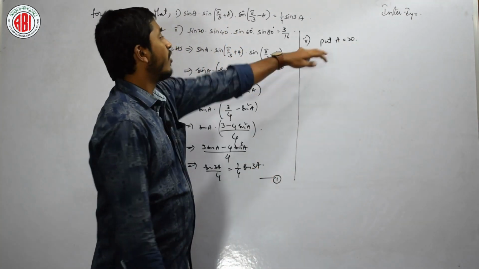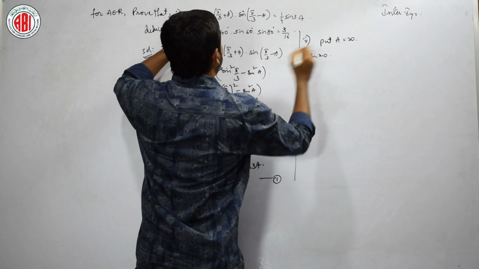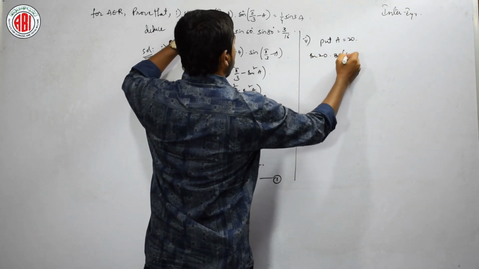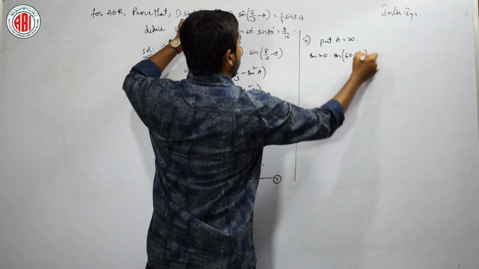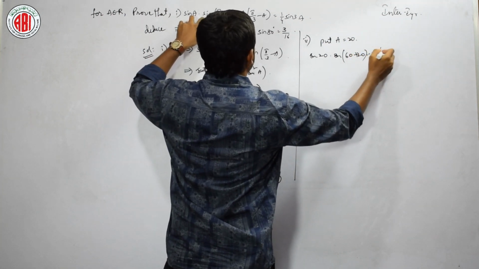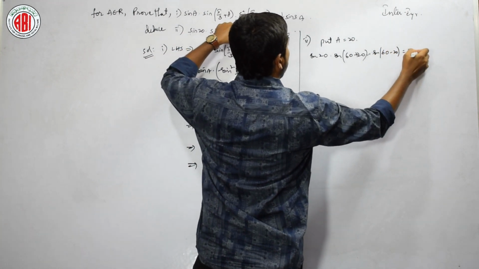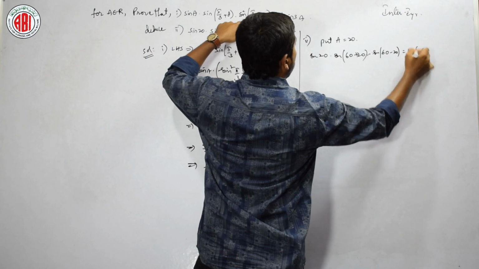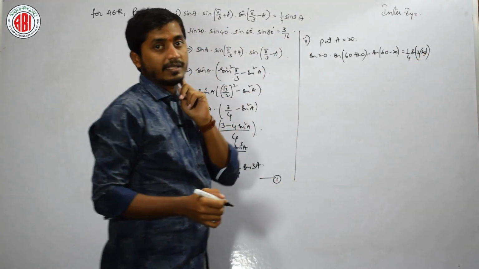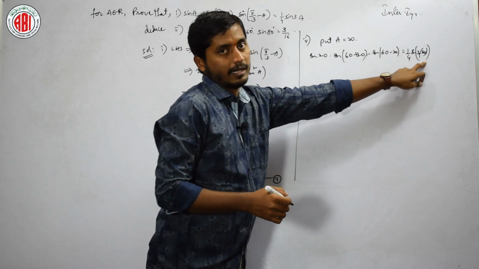What will happen? That is sin 20 into sin(60 + 20) into sin(60 - 20) is equal to 1 by 4 sin(3 into 20). The right side is 3 into 20, is it clear?